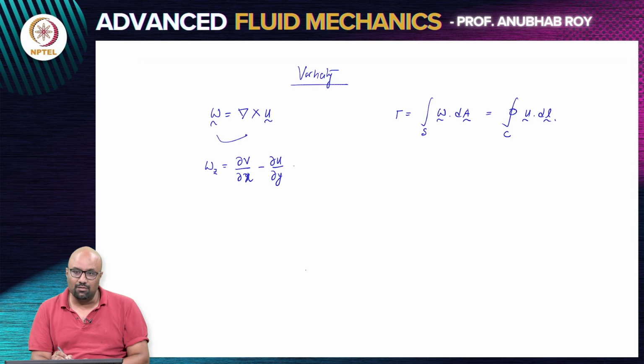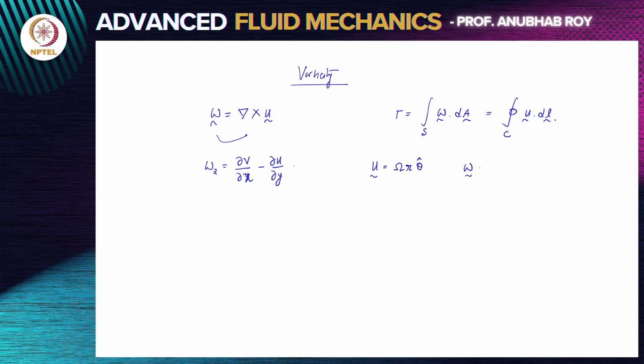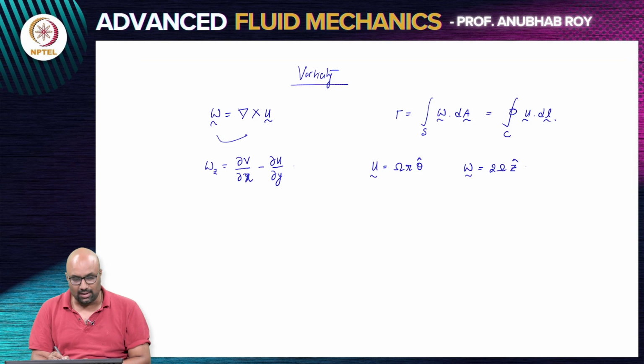Now, how do we invert the vorticity and get a velocity? If you remember from the previous lecture, we went through a few examples. One scenario was where the velocity was omega times r theta hat, and the corresponding vorticity was nothing very complicated. We found the vorticity to be 2 omega in the z hat direction.